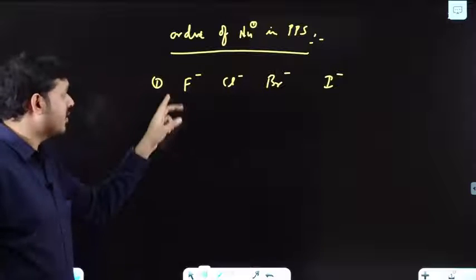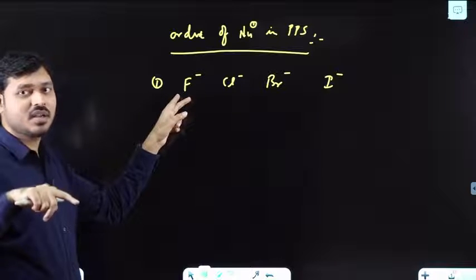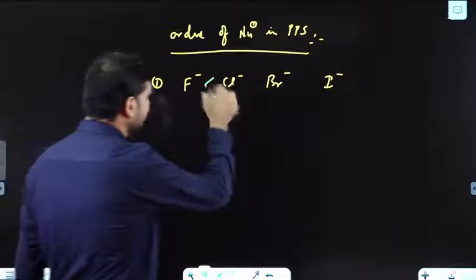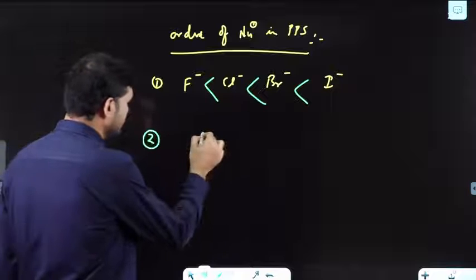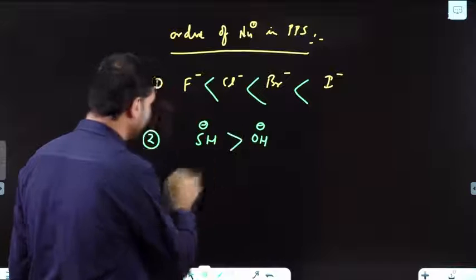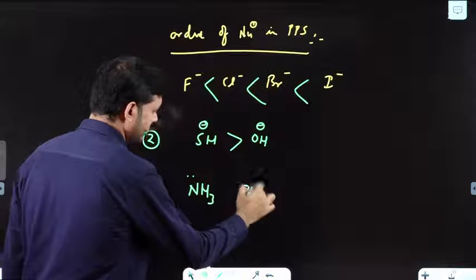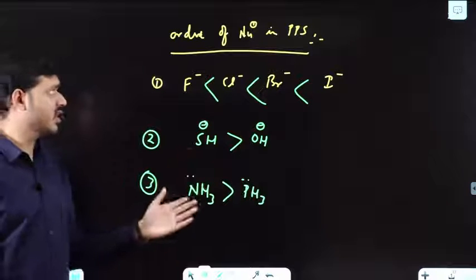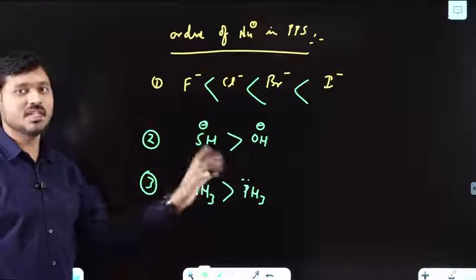See, the basicity of F minus is better, so as basicity is better, its nucleophilicity will be weaker. I think it is clear to you. So in these cases, you can understand that due to polar protic solvent, nucleophilicity order is the reverse of basicity order.